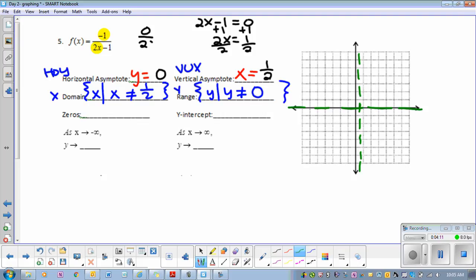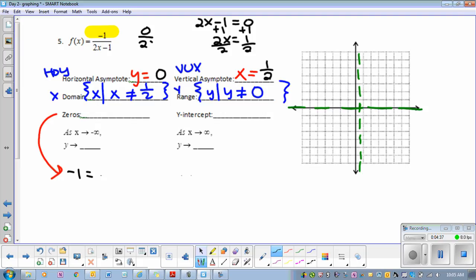Now, let's talk about the zeros. How do I find my zeros or my x-intercepts? When I looked for my vertical asymptote, I had to take everything on the bottom and set it equal to 0. But when you look for your zeros, you take everything on the top and make it equal to 0.